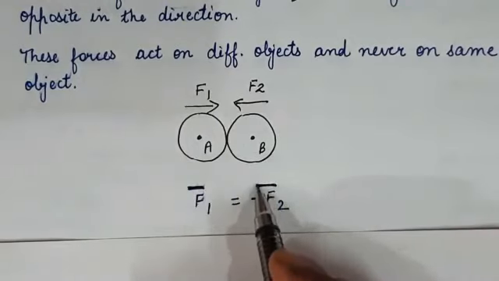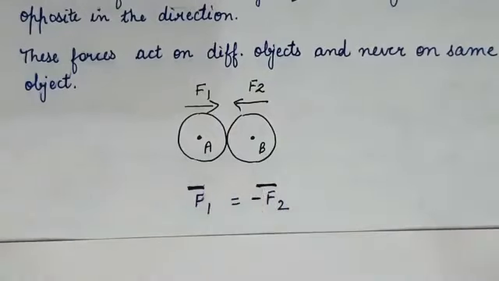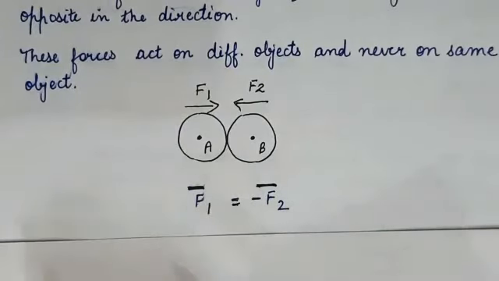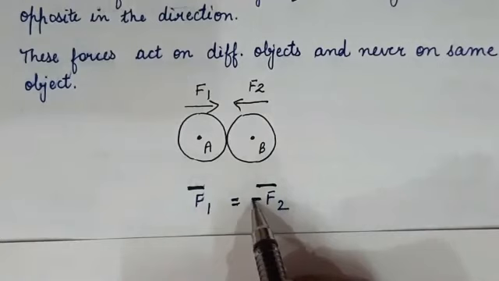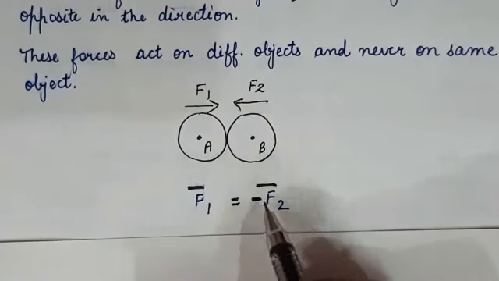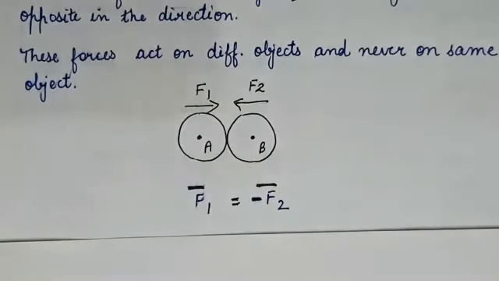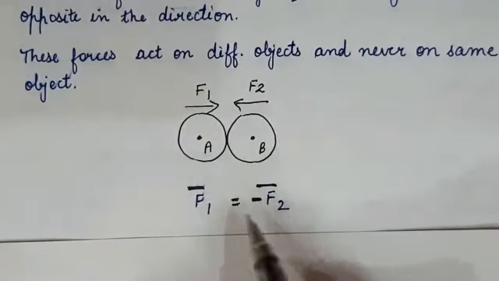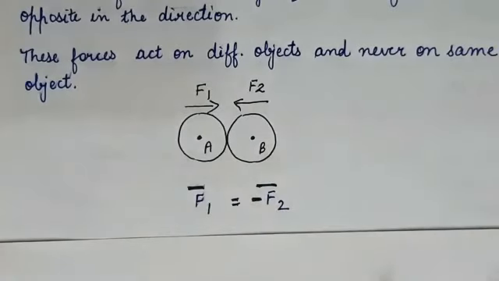We represent this by this bar, which means magnitude. The magnitudes are equal, and the directions are opposite, so that's why I have put minus. F1 is equal to minus F2. For every action, there is always an equal and opposite reaction. This is Newton's third law.